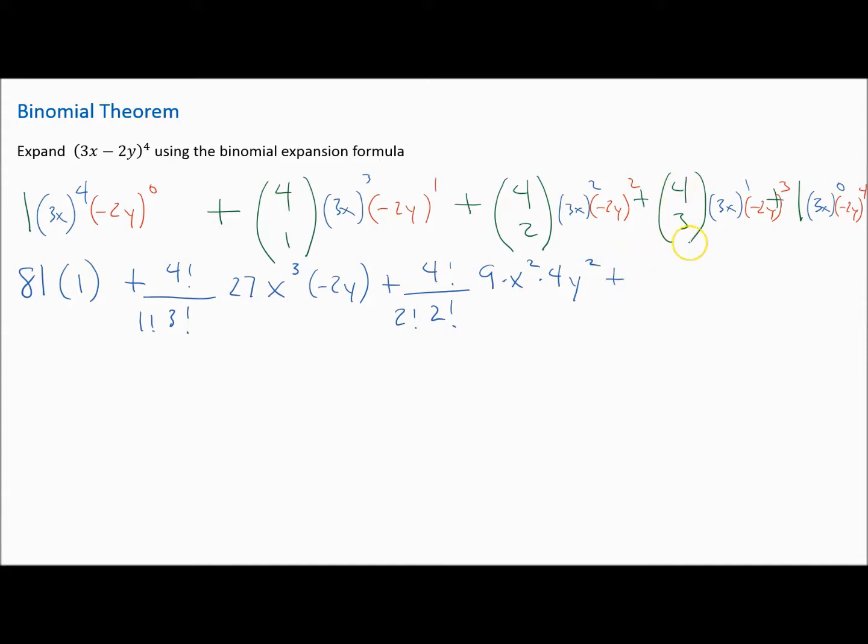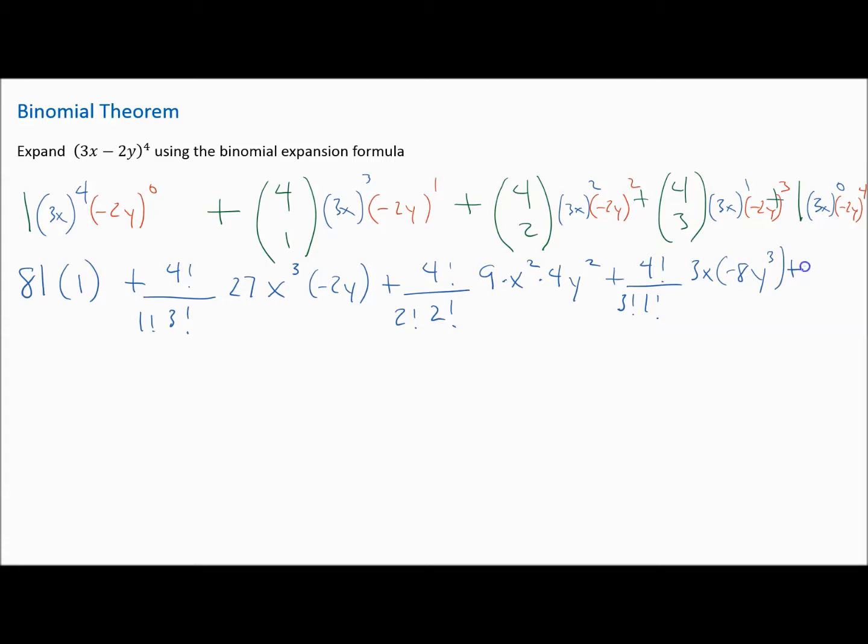Plus, this expansion, this coefficient is going to be 4 factorial over 3 factorial times subtract them, 1 factorial. We'll simplify that in a minute. 3x to the 1st is times 3x. Negative 2y to the 3rd, be careful here. Negative 2 to the 3rd is negative 8, and y to the 3rd is y to the 3rd.